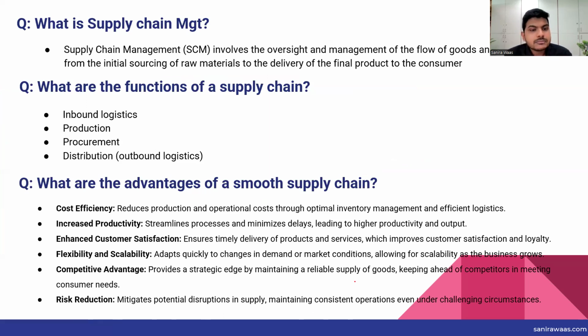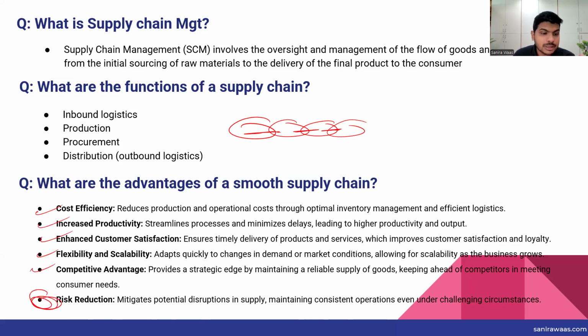The advantage of a supply chain is that you need to have a chain, and a chain means it must be linked. If this is properly linked, then you will have a smooth flow of your production, which will definitely have high cost efficiency, more productivity, flexibility, customer satisfaction, more advantage, and most importantly, less risk.